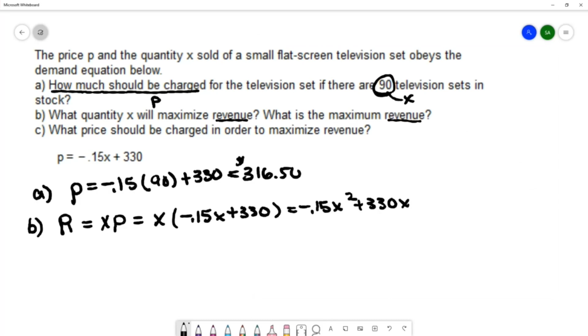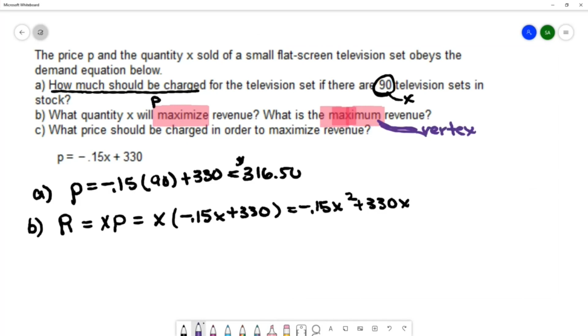So now that we have a revenue function, we can read this problem one more time. What quantity X will maximize the revenue? What is the maximum revenue? Those words about maximize and maximum are our clue that we're going to use the vertex.